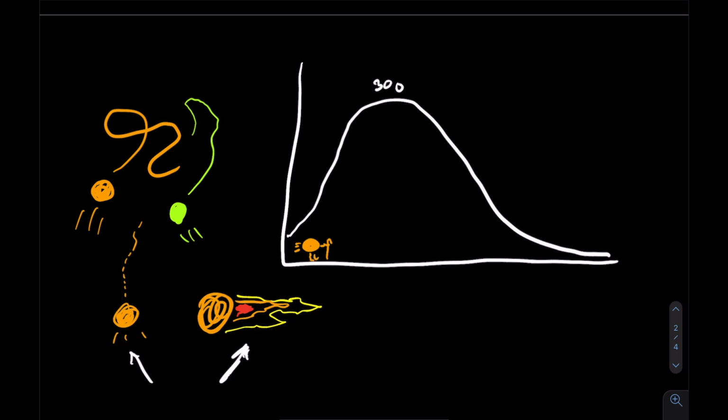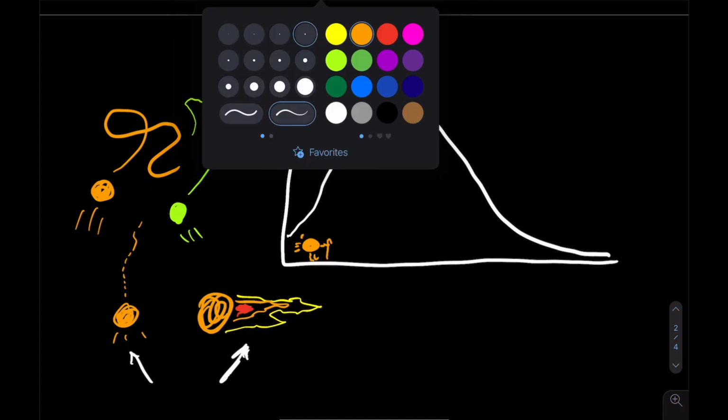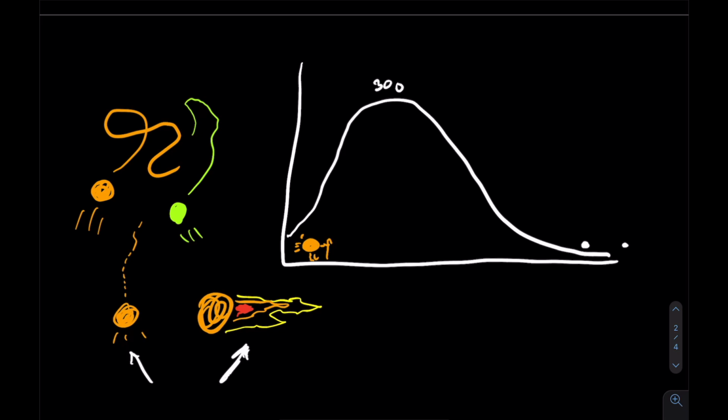And then over here on this side, you've got your extraordinary speedy little race car thing, and it's just insanely fast. That is your proportion. So at 300 Kelvin, you have some distribution of things going at various rates.